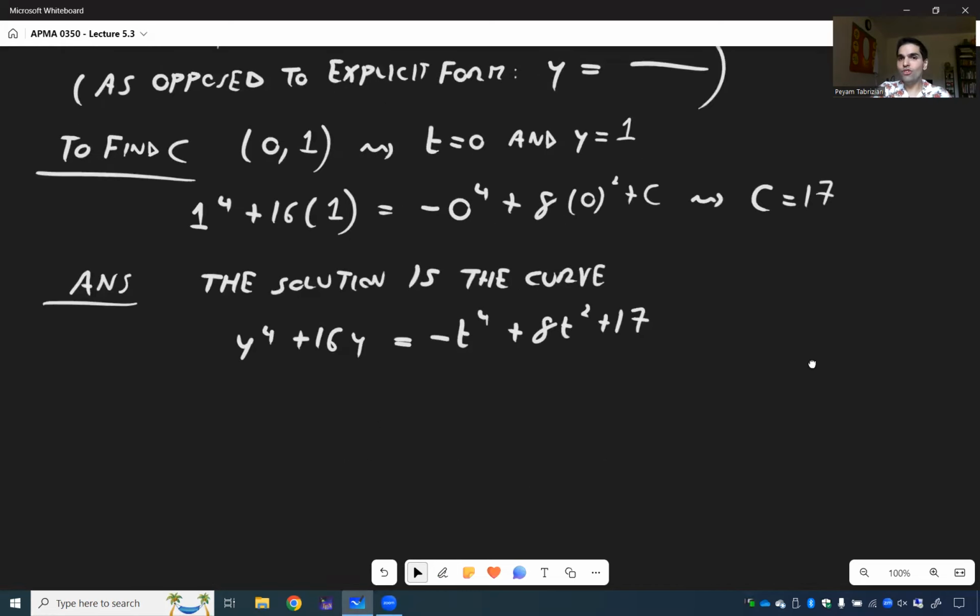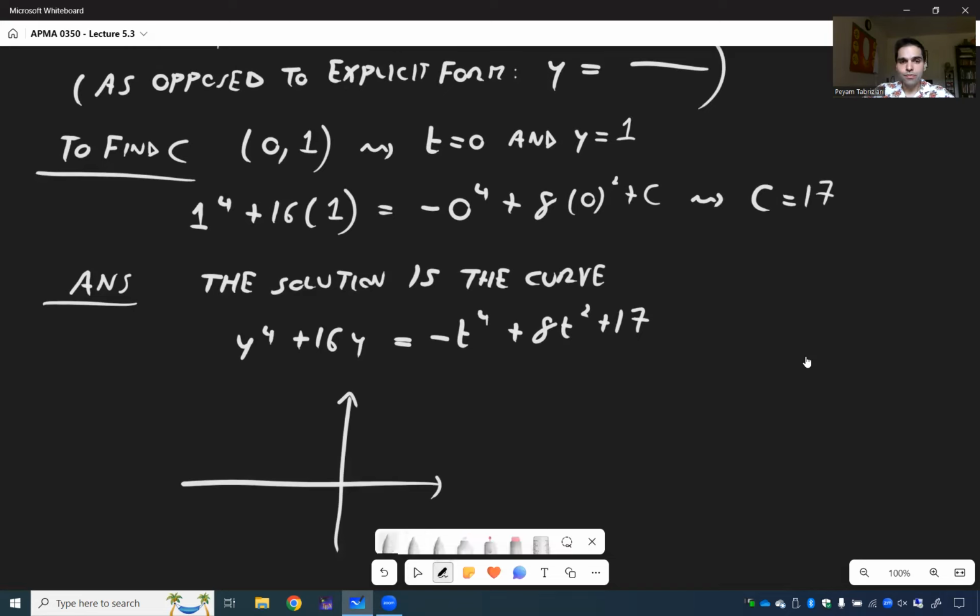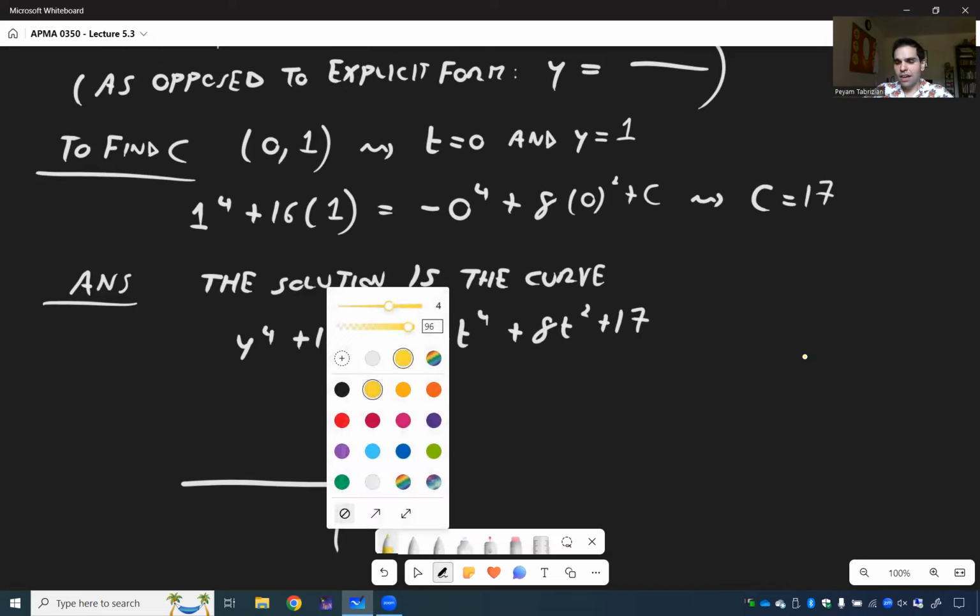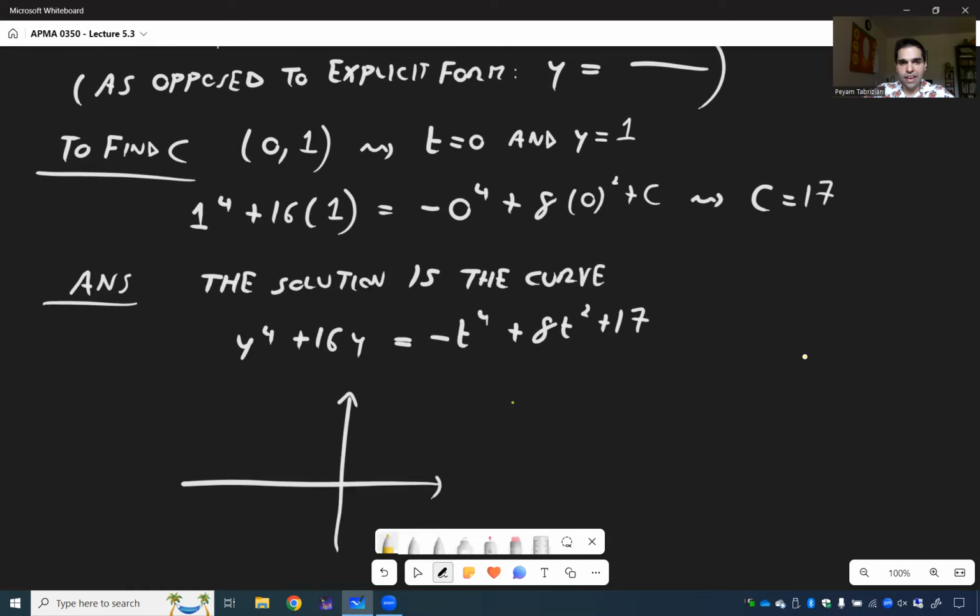And if we want to see a picture, you can usually ask Mathematica, or Wolfram Alpha, or Desmos, and you get the following blobby curve. Looks kind of like this. So this is our solution y, which is a solution of this differential equation.